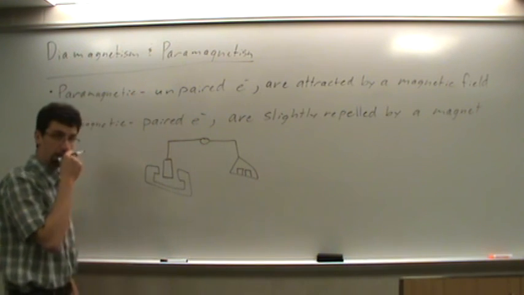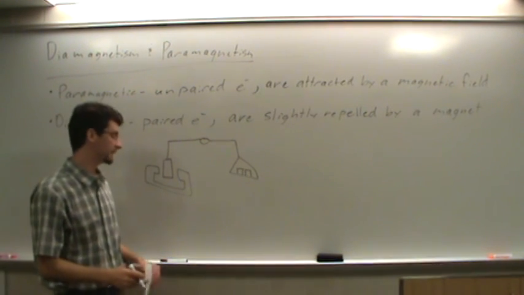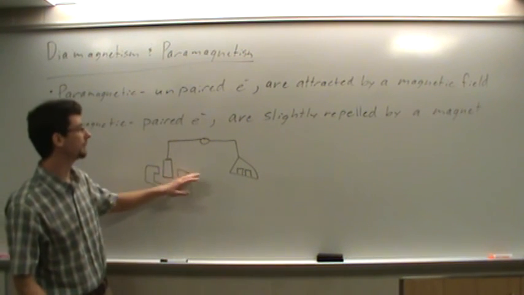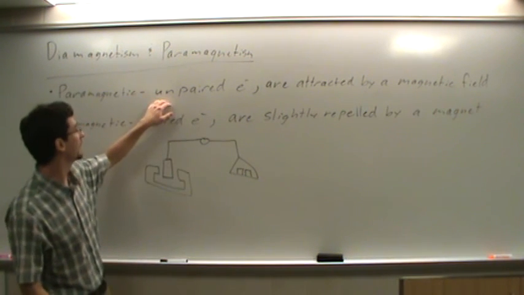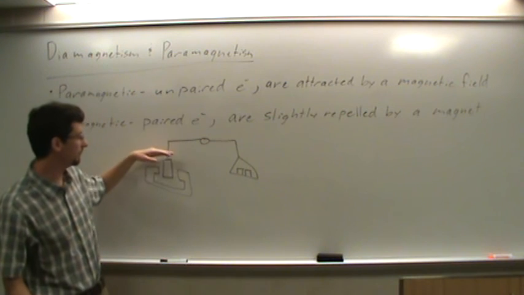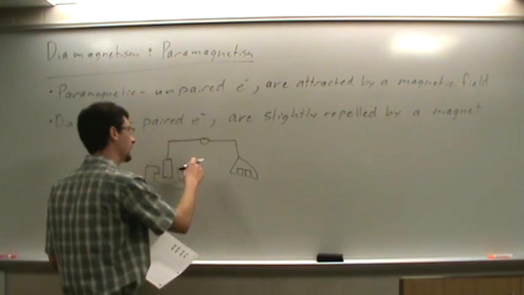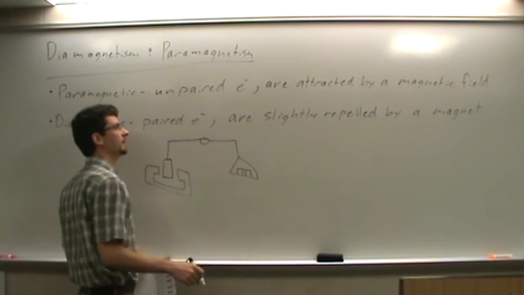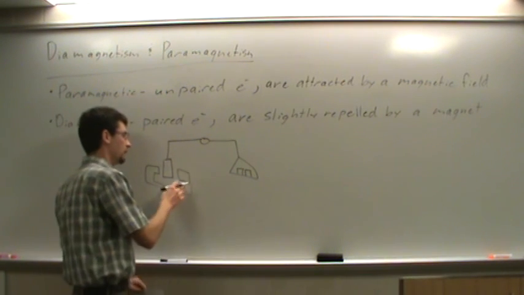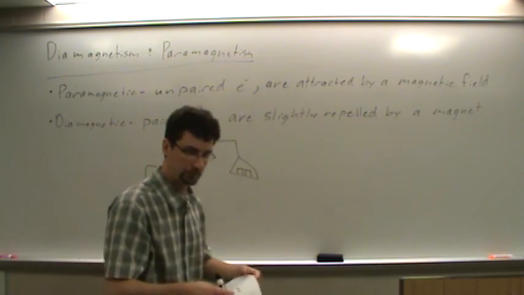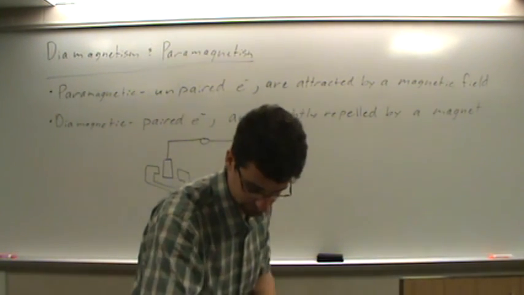They kick on the magnet and they see what happens. If it's pulled further down and it appears to be lighter, then it is paramagnetic. And if it ends up shifted up, so this is repelled by the magnet, it ends up being diamagnetic. So they kick this on and they see what happens to the sample's weight, or excuse me, its mass.